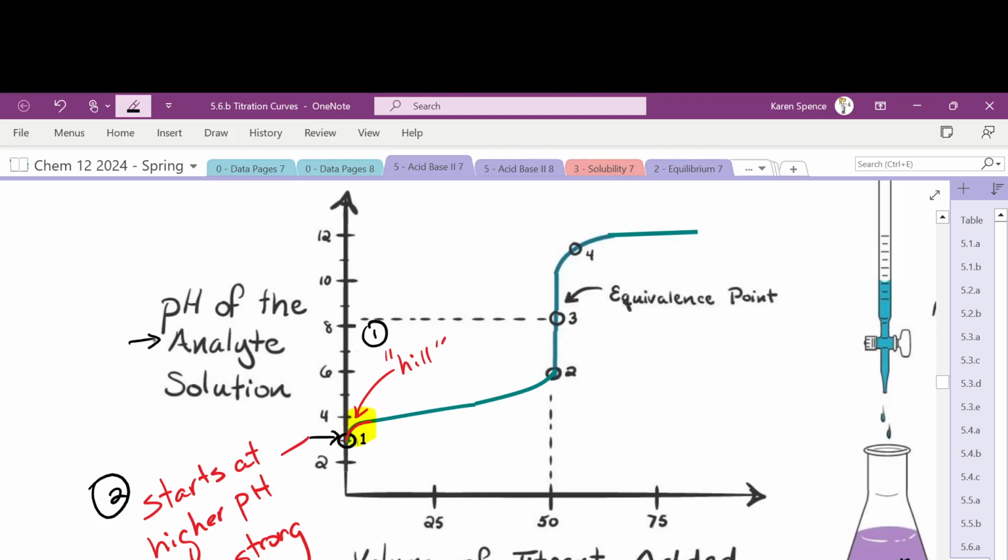This here is a weak acid in the flask. I'm sure it says weak acid on the other side, but I'm going to write it here so you can see it. And up here we have a strong base.